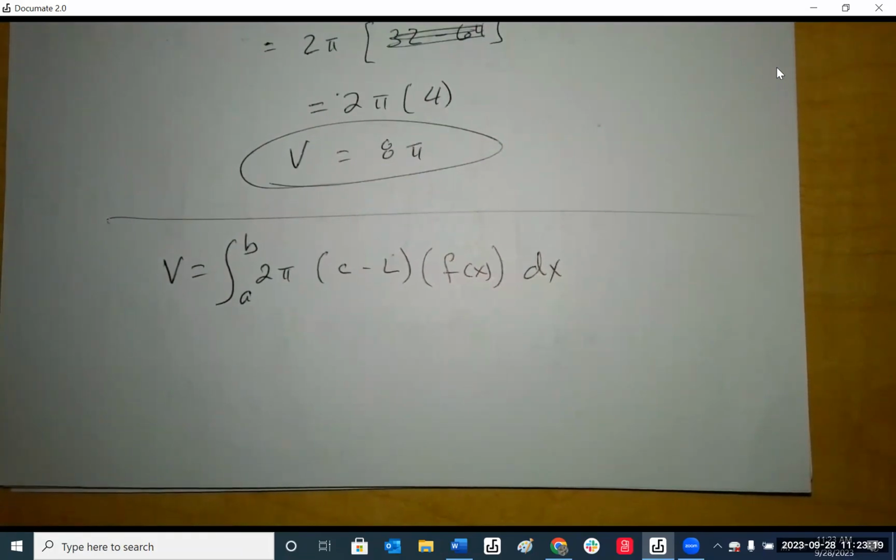The L is the axis of rotation. And if it's an axis, then it's 0. If it's off the axis, it's whatever that value is.